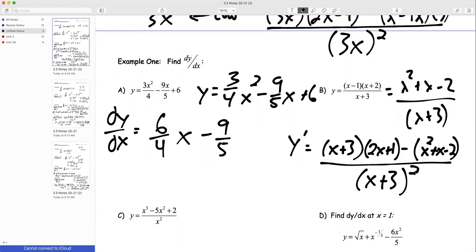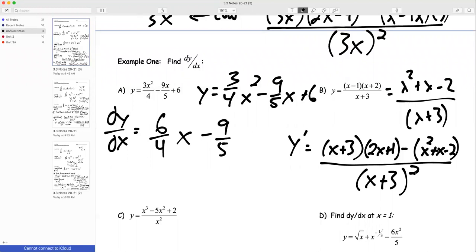And again, leave it unsimplified for now. Okay, stop me if you do not follow what I'm doing, please.